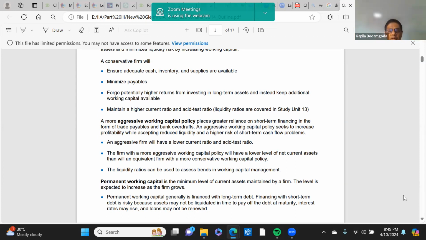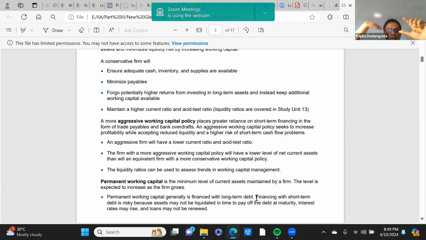But the more important thing is that permanent working capital generally is financed with long-term debt. So the part of the working capital which is considered permanent will be funded through long-term debt, because the permanent working capital is sort of the fixed working capital that is going to be funded through the long-term loan.